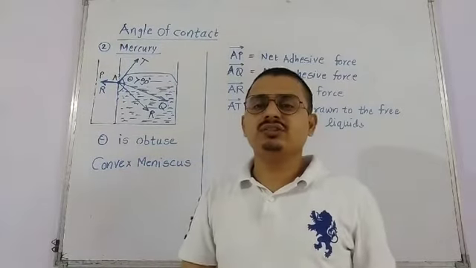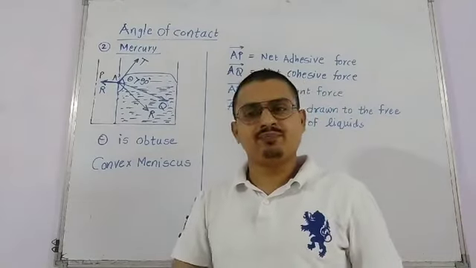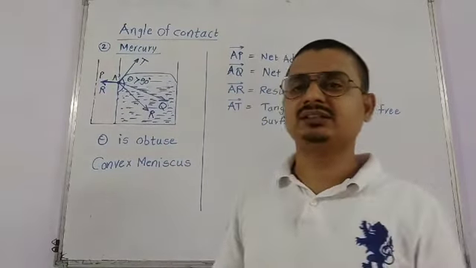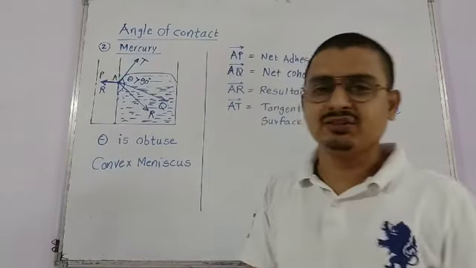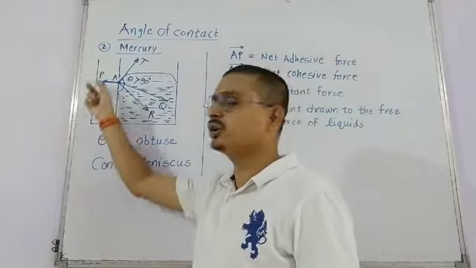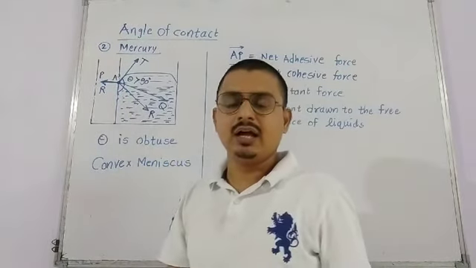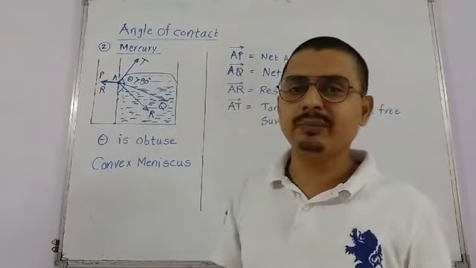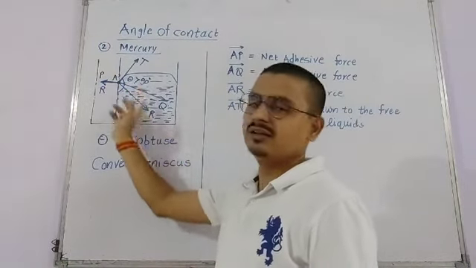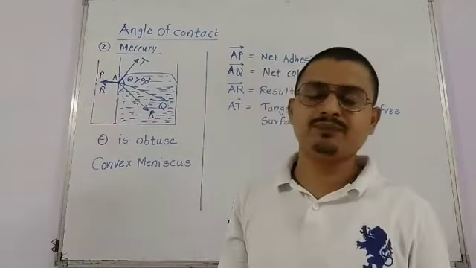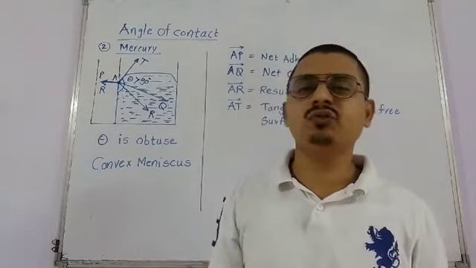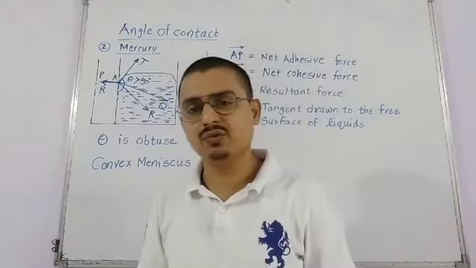There will be two forces acting on a molecule A, that is adhesive force and cohesive force. First, I will discuss adhesive force. Adhesive force is between the liquid molecule and the molecules of solid, and the second force will be the cohesive force that is between the A molecule and other liquid molecules. In case of mercury, the cohesive force is greater than the adhesive force.